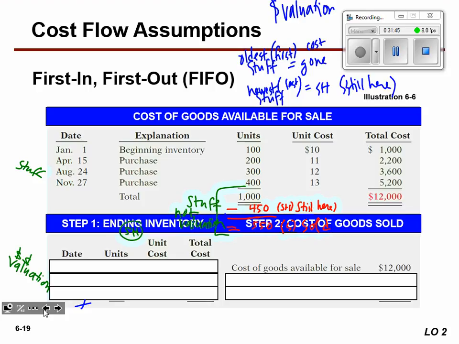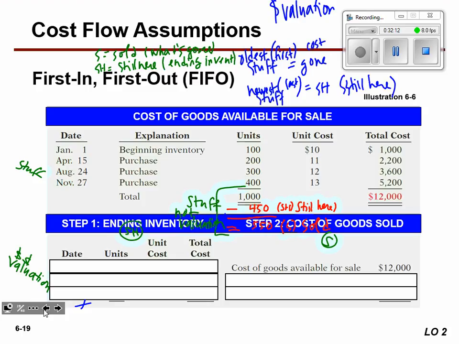Then we can go over to the S side of things, what's gone. So I'll put my S over here for S equals sold, or what's gone. SH equals still here, or the ending inventory.